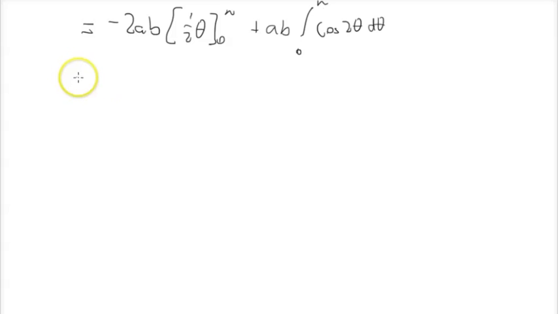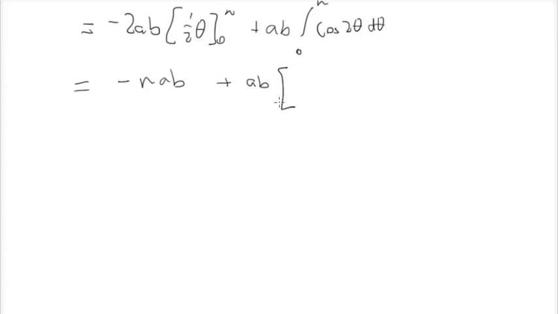Alright, now we can start solving. You put a pi in there, that's going to be 1/2 pi, but a 0, that's going to be 0. In any case, the 2's are going to cancel, so you're going to get a negative pi ab, and the rest is 0, plus ab, and now what is the antiderivative of cosine?